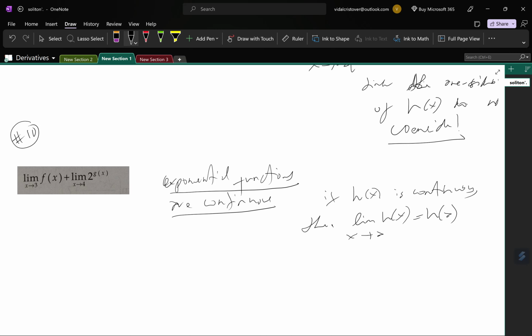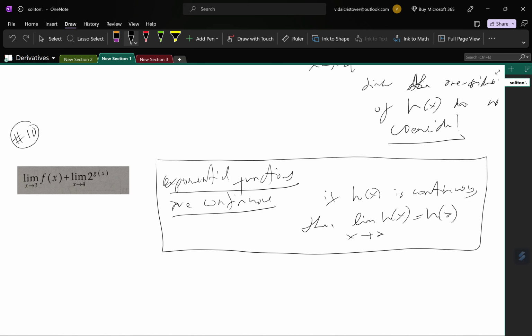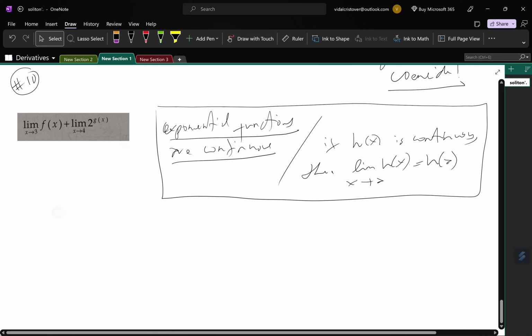Kanira to ang gamiton nga result. So exponential functions are continuous, and then if h of x is continuous, then the limit of h of x as x approaches to a is equal to h of a. So, solution.